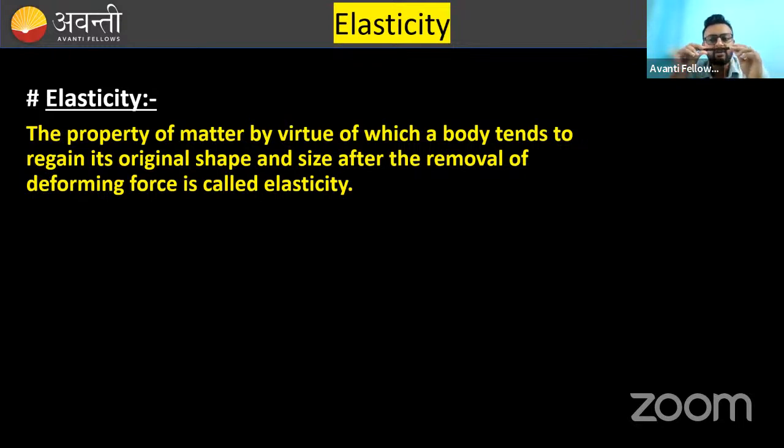For example, if I apply a force on this pen in opposite directions, somewhat its length may change. And if I remove this force, it may regain its shape. So this property of regaining the shape is known as elasticity. I think it is clear.